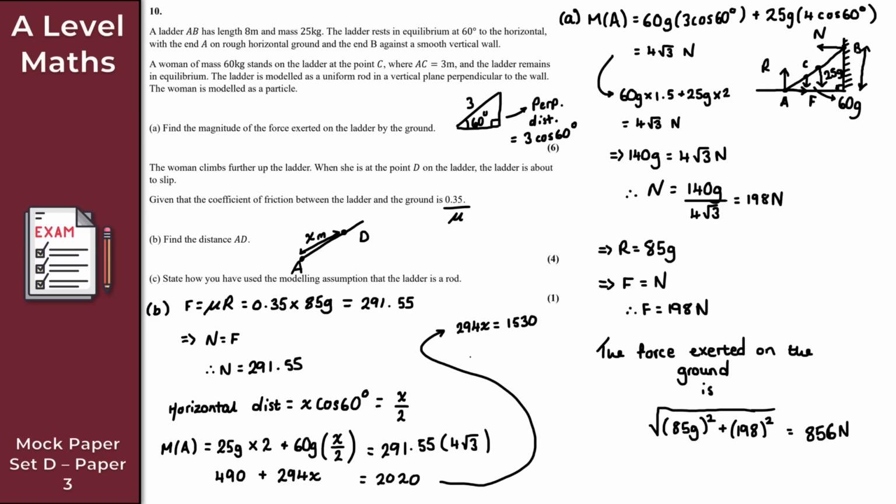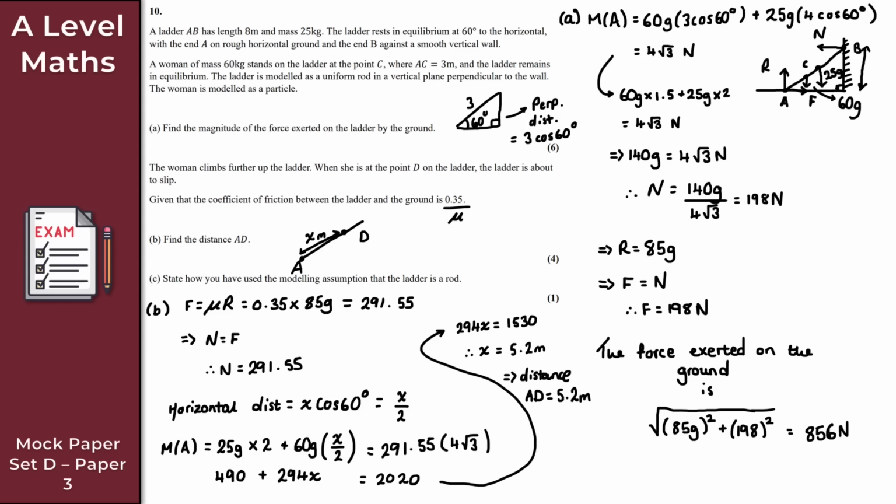Divide both sides by 294, and therefore x is 1,530 divided by 294, which gives us 5.2 meters. So the distance AD is equal to 5.2 meters. And there we go, that's the solution to part B.